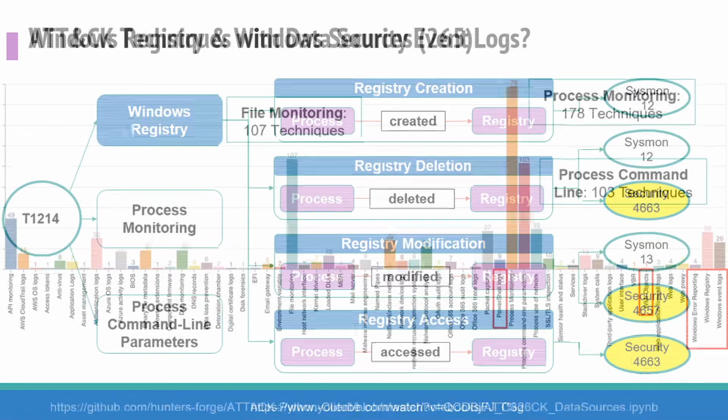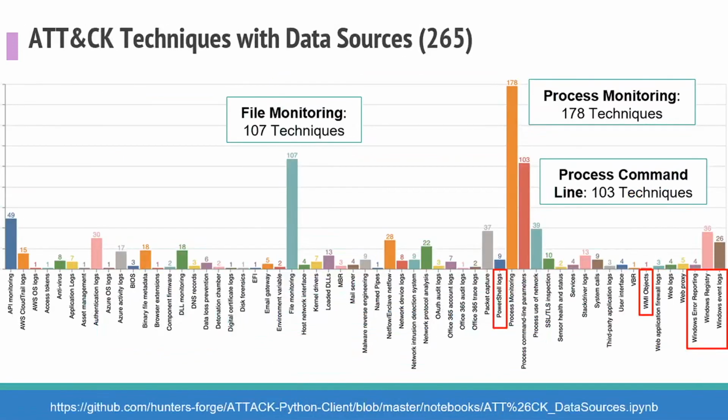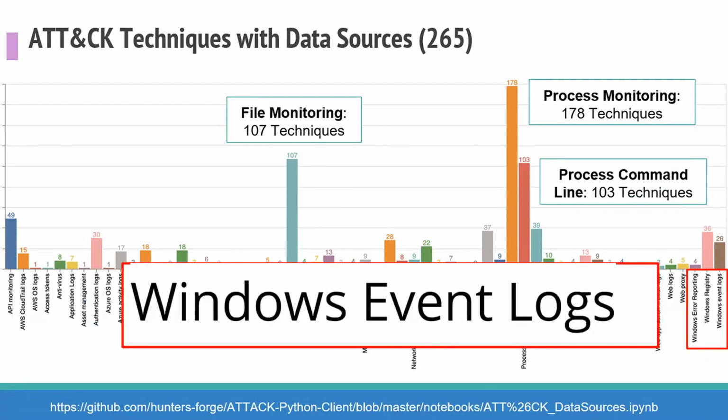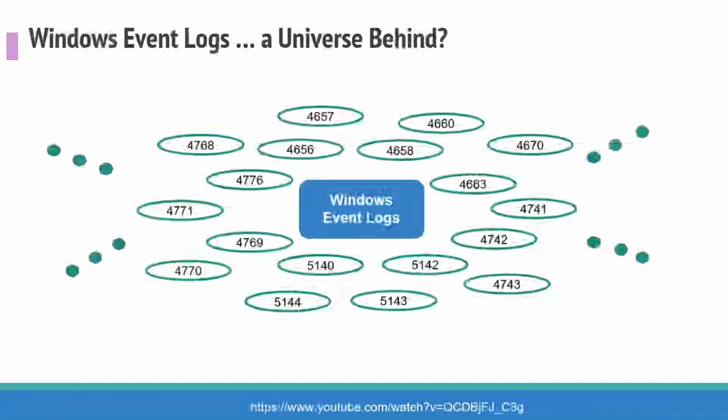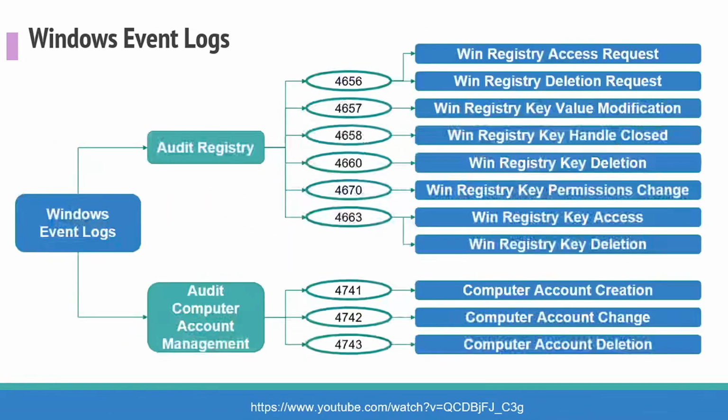So what we did was, okay, let's go to our data sources graph. And actually, one of the data sources has the name Windows event logs. So there might be a correlation there between data sources. And this is really interesting because for Windows event logs, we have at least 400 events. So that's a lot of information that we have there.